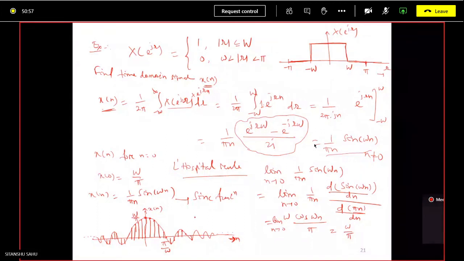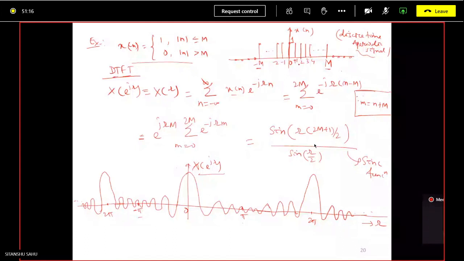Okay, so this is a periodic signal, and it is discrete time. If you take the Fourier transform of this x of n, this sinc function, in the Fourier domain you will get a rectangular function like this. Okay, the same thing we have discussed over here.